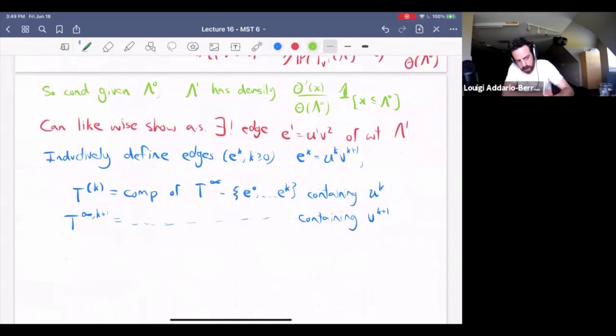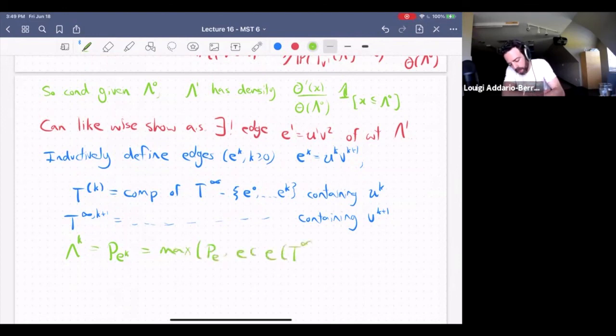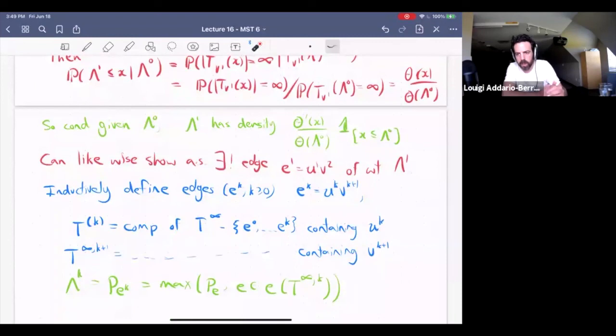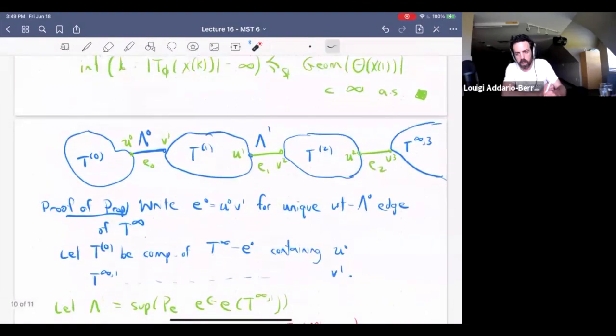And then lambda K is the weight of EK, which is also the largest edge weight that's ever added within the tree T infinity K. Okay, and now I'm writing it as a max and not a supremum because I justified the first step, but the same sort of argument shows that at every step there is a unique edge of this weight. Okay, so you really have this sort of picture.